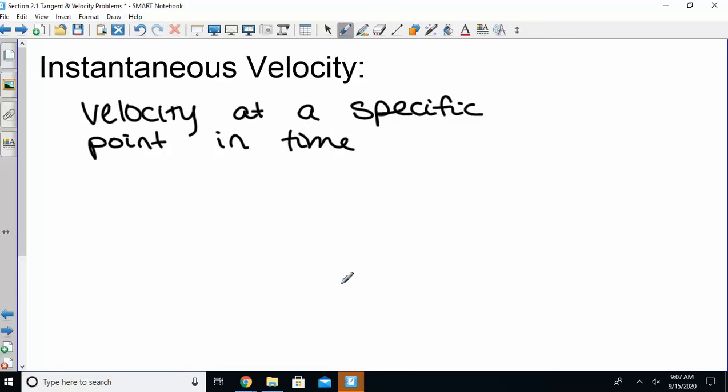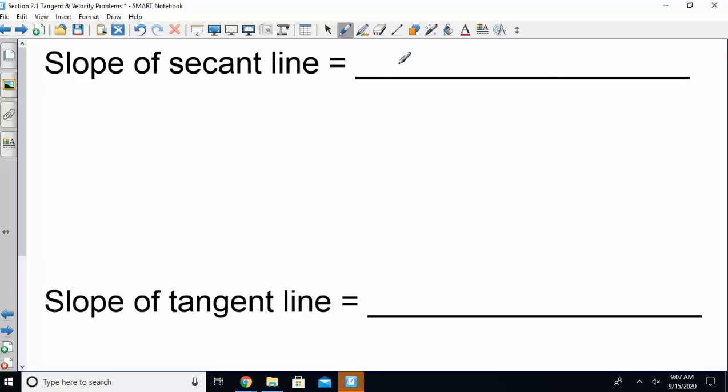So we use all of those velocities in the table to estimate the velocity at one given point. Just like yesterday, we were using the slopes of the secant lines to estimate the slope of a tangent line. So the secant and tangent line are actually related to your velocity. Slope of the secant line, that is the average velocity.